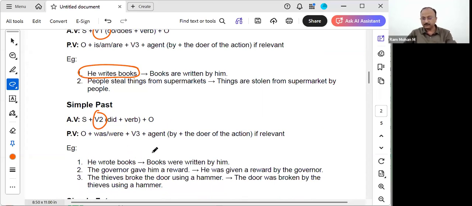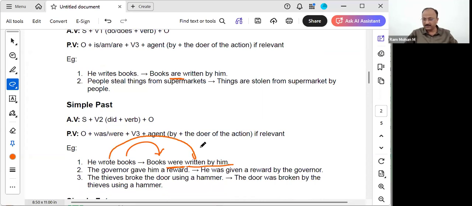So what do we do? Past tense be form is were. Books were, because it is already completed, correct? Present form we use are, past form we use were. Books were written by him, rest everything is the same. Means the object becomes the subject, verb comes here, by, subject becomes the object. Correct?